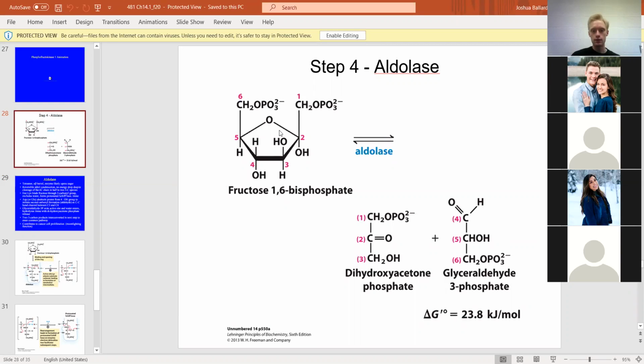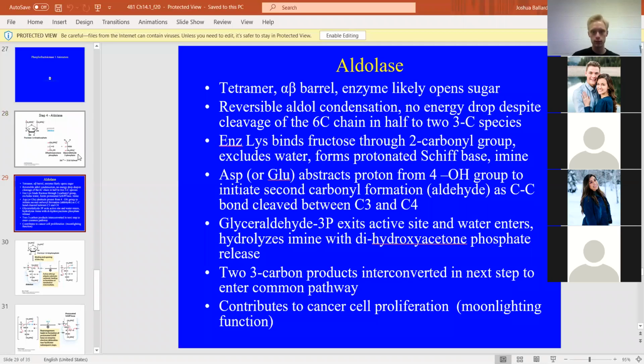From this, aldolase opens up the fructose 1,6-bisphosphate, and that allows it to break into two different parts, the dihydroxyacetone and the glyceraldehyde 3-phosphate. It does not have a high Gibbs free energy, so it's also reversible.